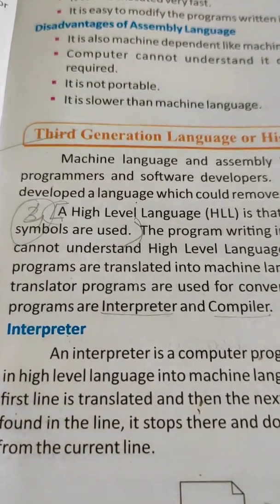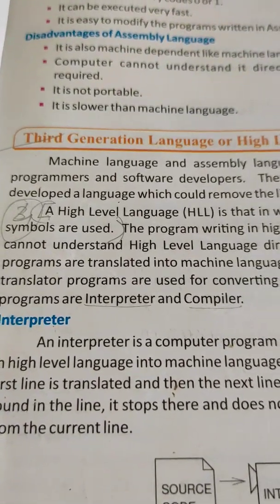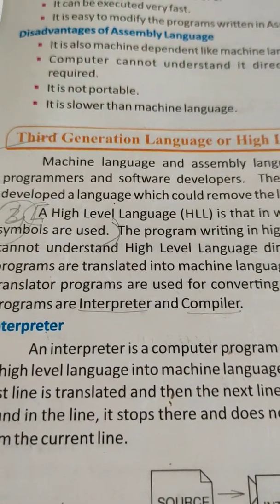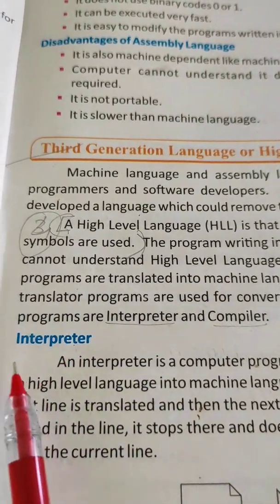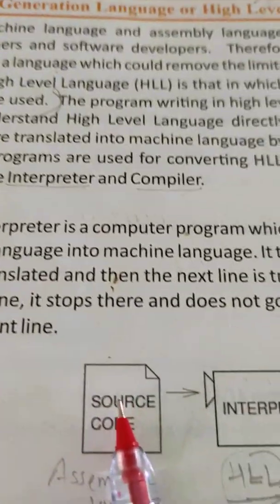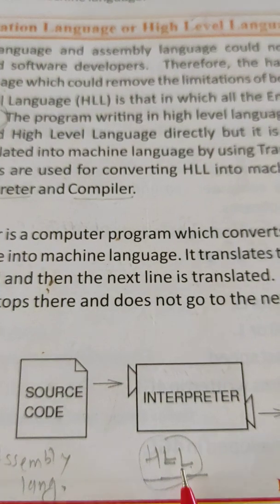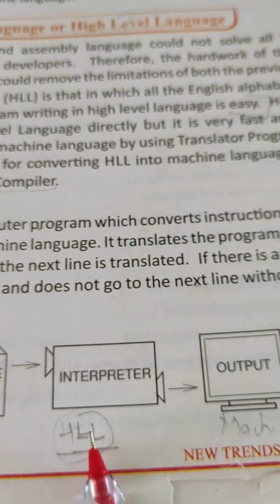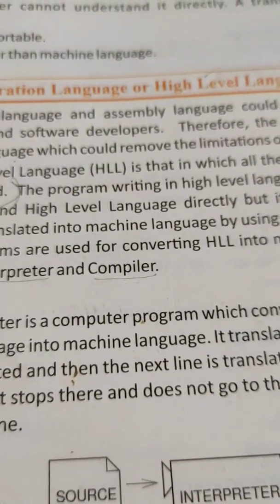If any error comes, it will not go on to the second line. You have to keep in mind, the interpreter translates the program line by line. Here is the source code, and the interpreter, a high level language translator, gives us output in machine language.